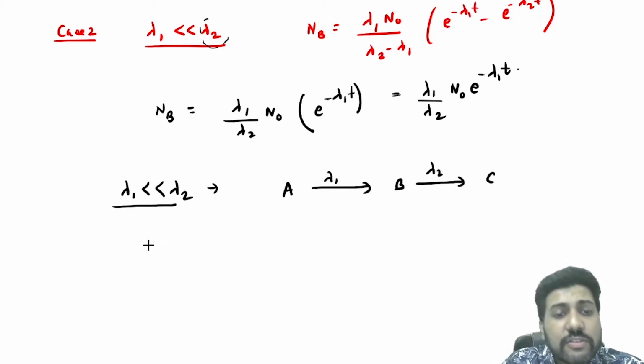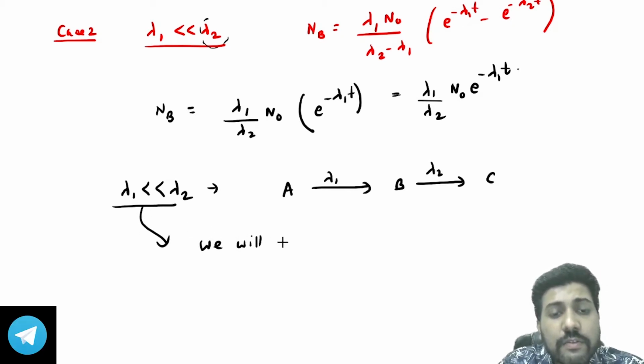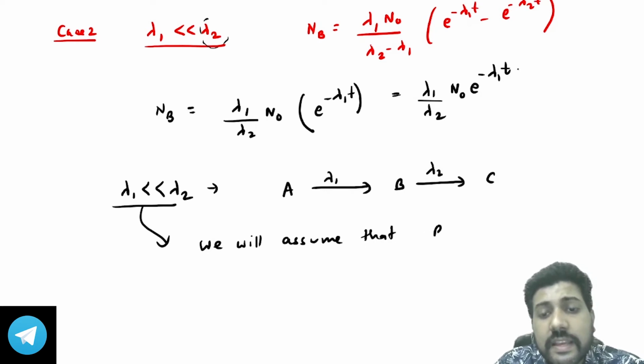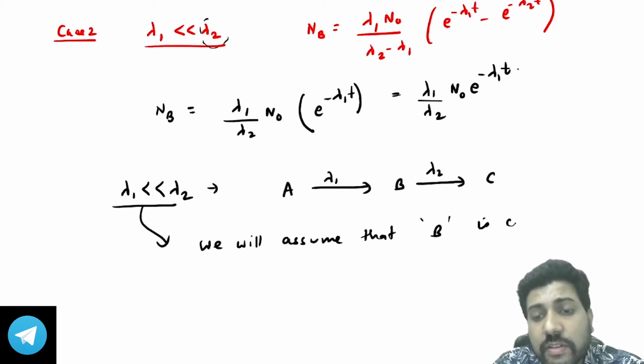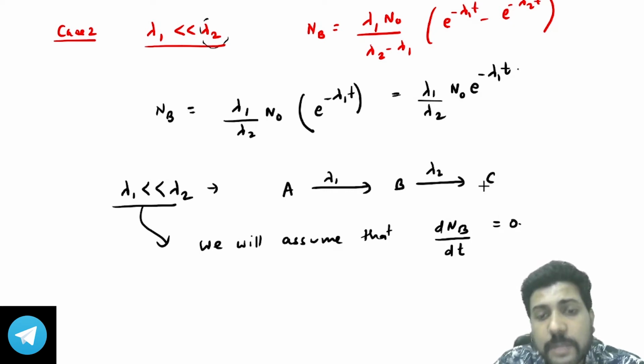So in this type of situation, we will assume that the number of nucleus of B is constant. We will assume that the rate of change of B becomes 0. So you will write dNB by dt becomes 0.